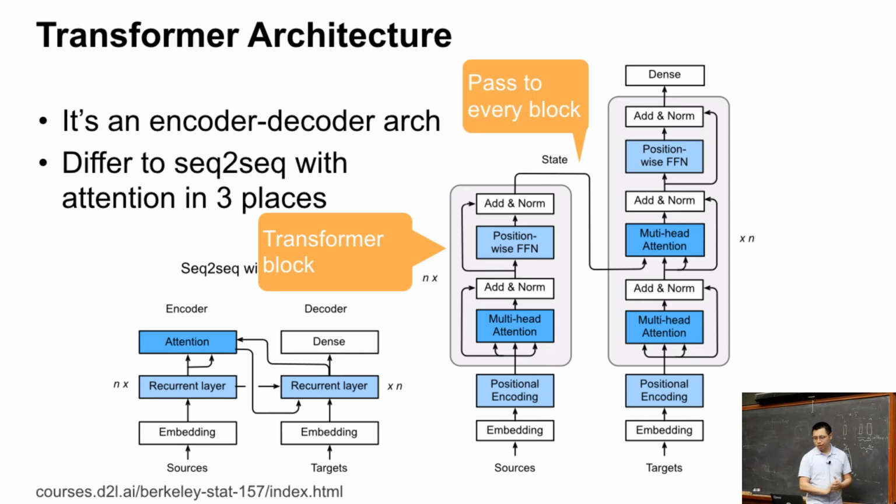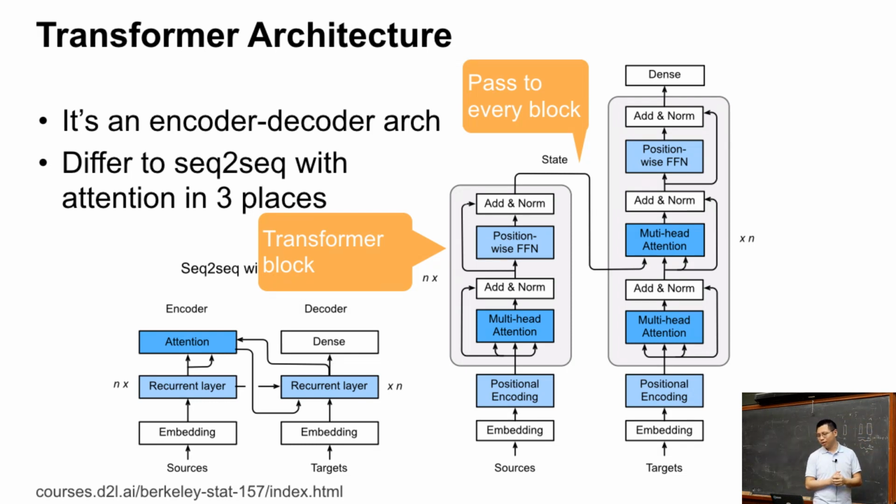The second difference is here. Before, in sequence-to-sequence with attention, we passed into a single attention layer and fed into the bottom of the recurrent neural network. But now we move the attention layer into the transformer decoder block in the middle. See that in the middle. But it is changed to what is called multi-head attention.